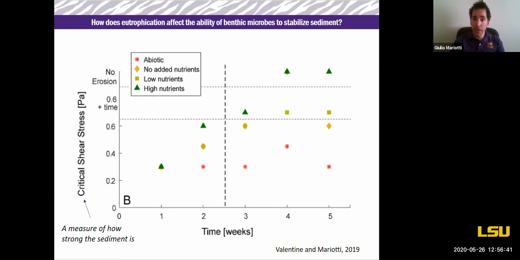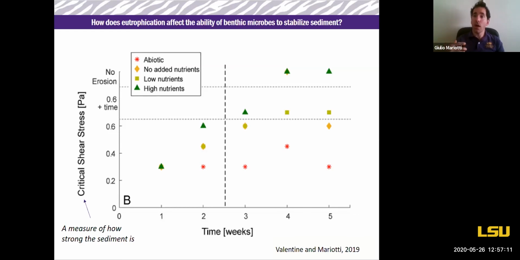And for the abiotic case, which is the case without any microbes, you see that the strength of the sediment is pretty much constant, which is what you would expect. But if you add microbes and give them enough time to grow, the strength of the sediment increases. Even with very little nutrients, it almost doubled.